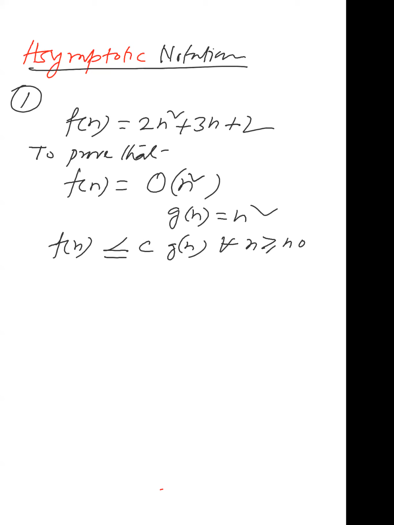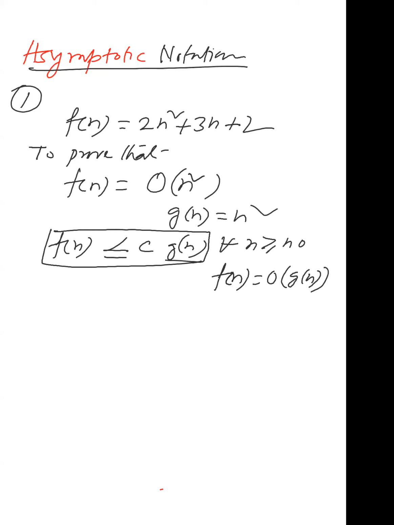So this is the inequality we have to satisfy. Then we can say that f(n) is big O of g(n). The f(n) is big O of g(n) only when this inequality is satisfied: f(n) is less than or equal to c g(n). Now how do you do this?